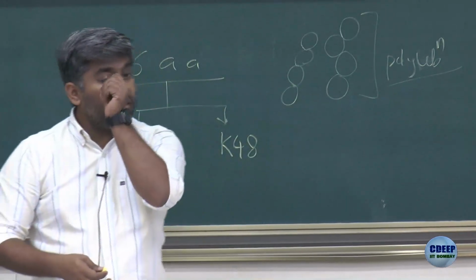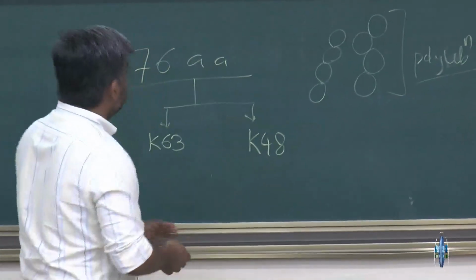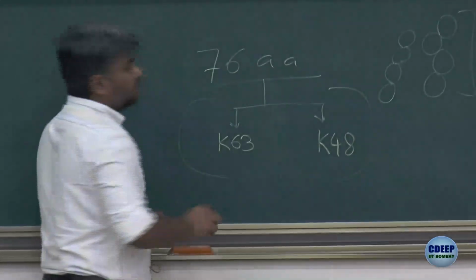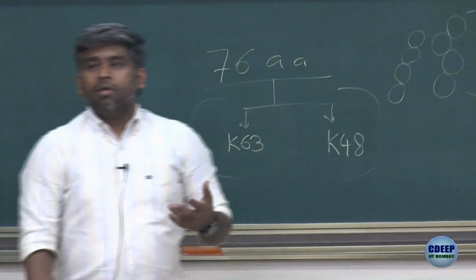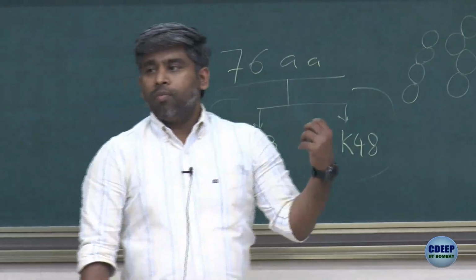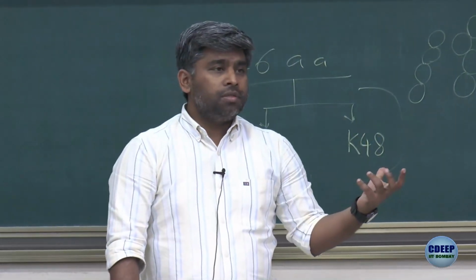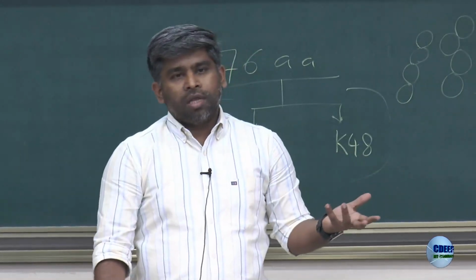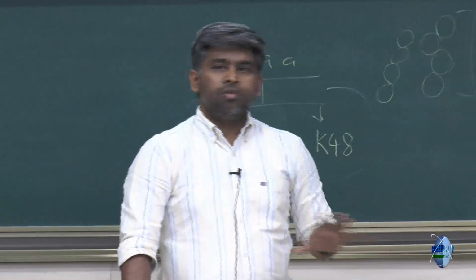It is not random. That is not very important at this stage, but remember K63 and K48, and as you know, what will happen to K48 linked proteins? Proteasomal degradation. K63, most likely they will undergo lysosomal degradation.